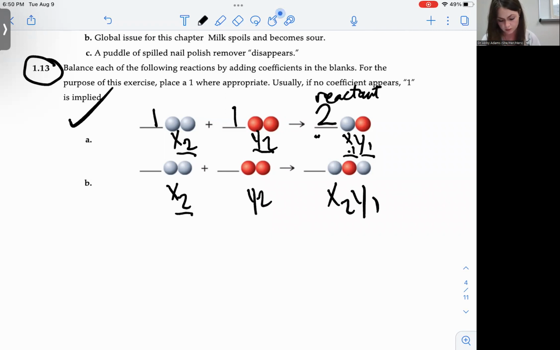We have 2 Y's. Here we have 2 X's, so the X's check out. Oh, but my Y's don't. So how are we going to fix this? It looks like to start off with, we really would not need to change the X's. Let's look at the Y's. The Y's are what is out of balance, and let's see on this side with the products.